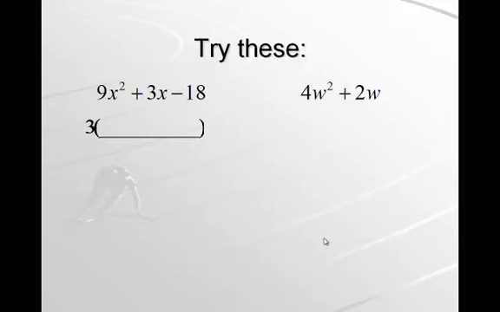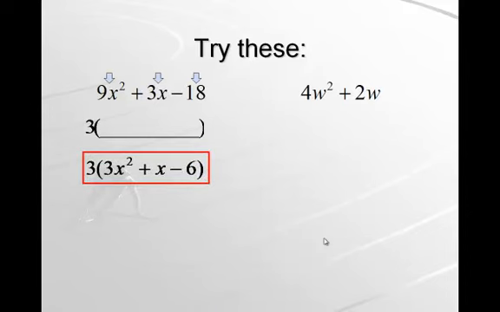When I take that out, I look now for the leftovers. 9x squared divided out by 3 would be 3x squared. 3x divided out by 3 would be x. And negative 18 divided out by 3 would be negative 6. So 3 out in front for the greatest common factor. In parentheses, you have 3x squared plus x and minus 6.